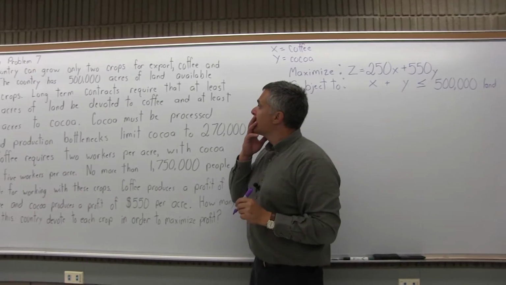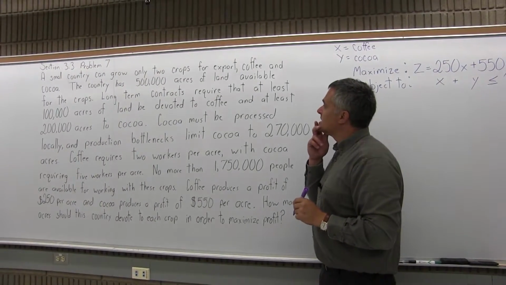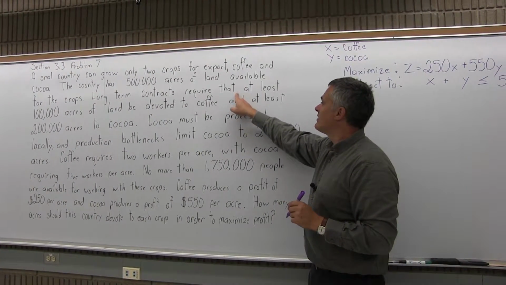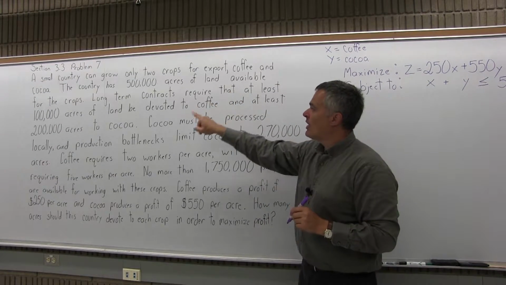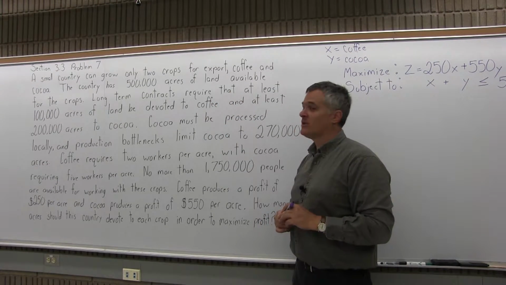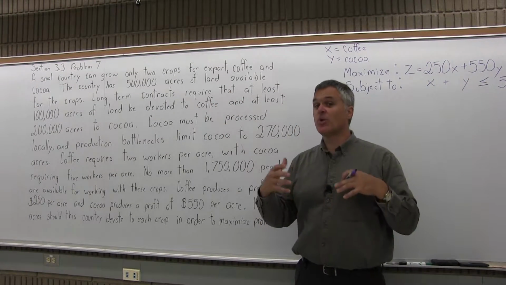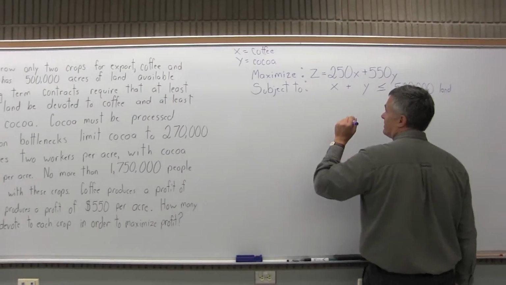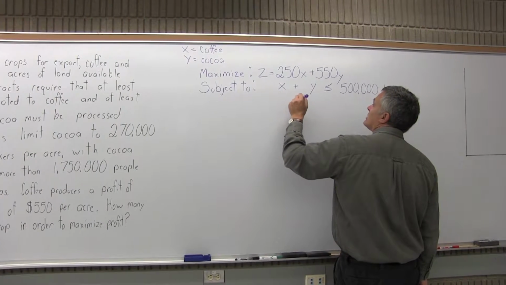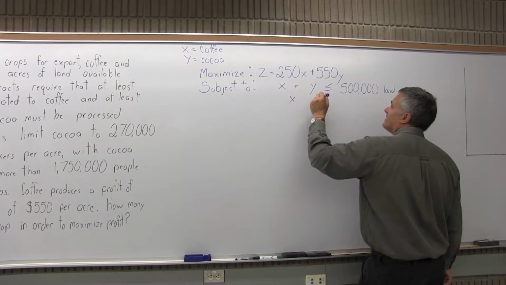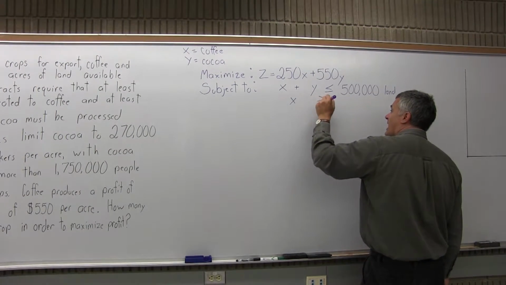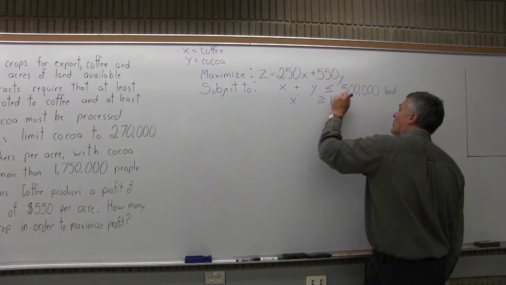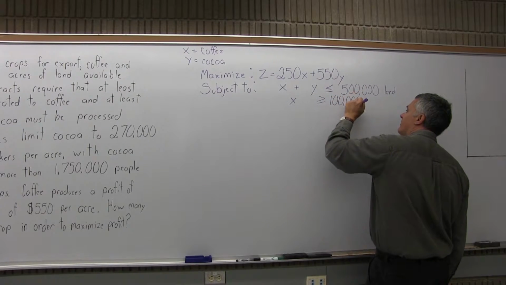Now, as I go back and read more, it says long-term contracts require that at least 100,000 acres of land be devoted to coffee. At least, so 100,000 or more. 100,000 is the least. So the coffee is x, so x must be greater than or equal to 100,000.